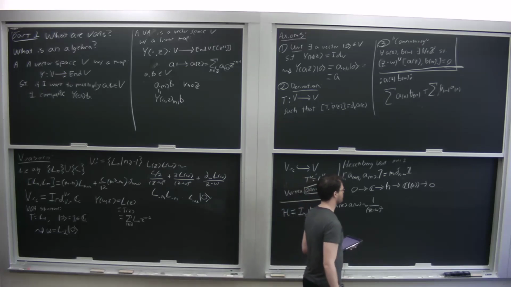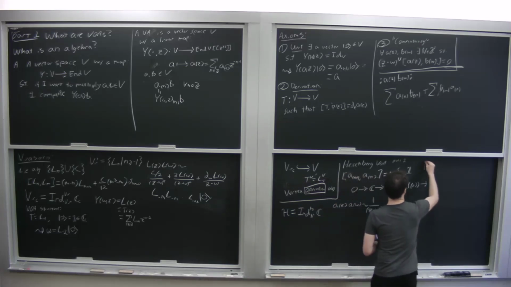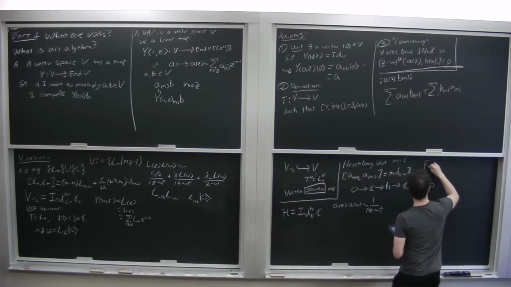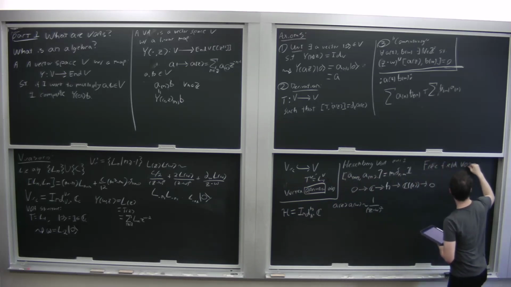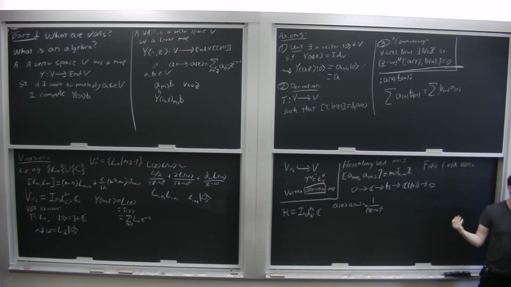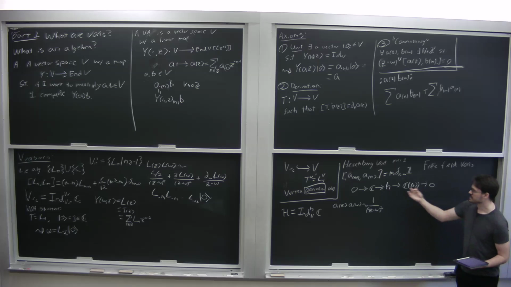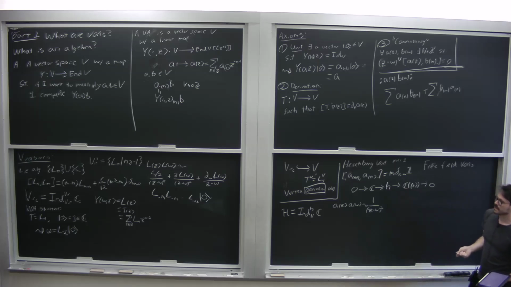VOA people will often refer to some VOAs as being free field. And if you're looking at things from a physics perspective, these should be vertex algebras corresponding to free field theories in 2D CFT. However, if you're just dealing with vertex algebras, it's sometimes not clear which vertex algebras those are.